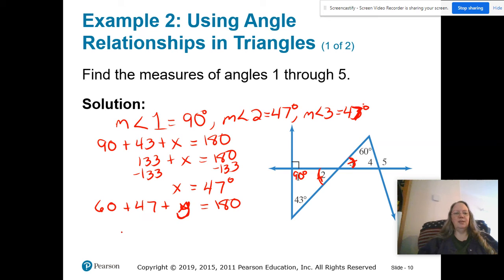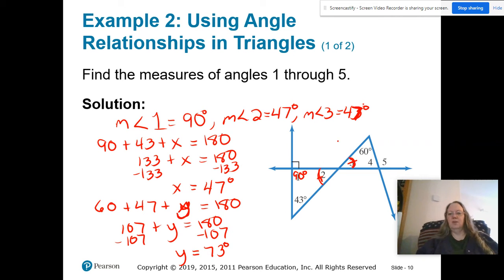All right, so we combine these. 107 and subtract. And we get 73 degrees. Okay, so the measure of angle 4 is 73 degrees.